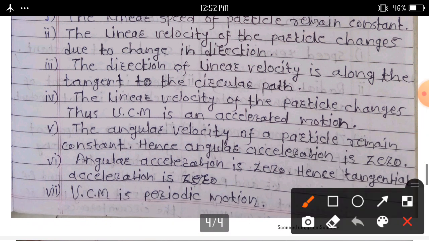Fifth characteristic: the angular velocity of a particle remains constant. Hence, angular acceleration is 0, because the angular velocity of the particle remains constant.